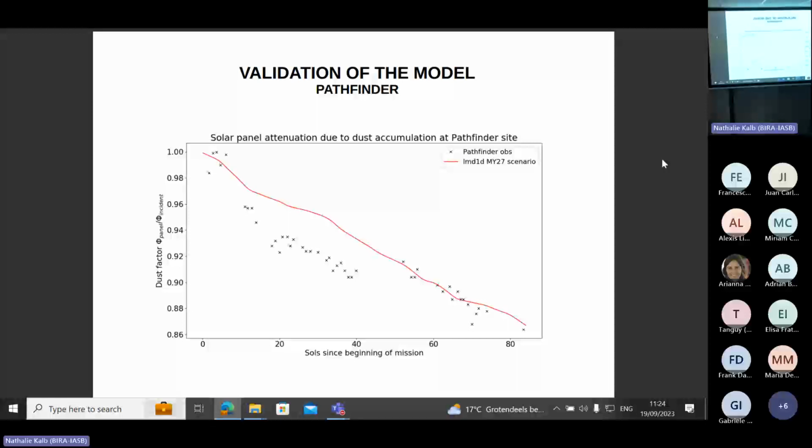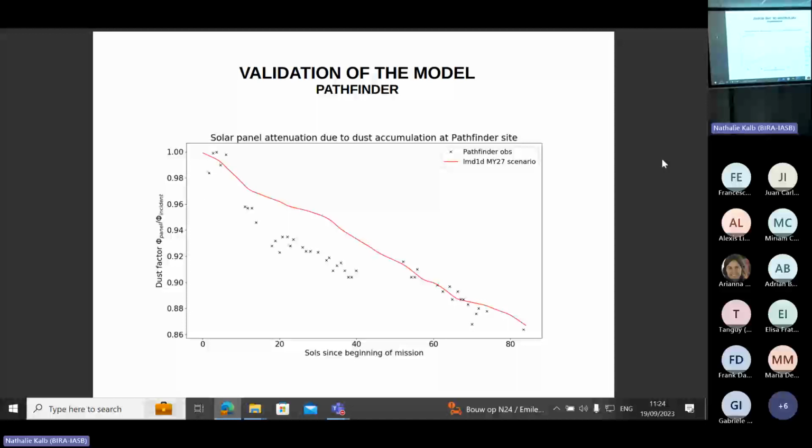And so instead of using the right scenario, because we don't have it, we use Martian year 27, which was also a very dusty year, to try to have a better dust optical depth than during the mission.